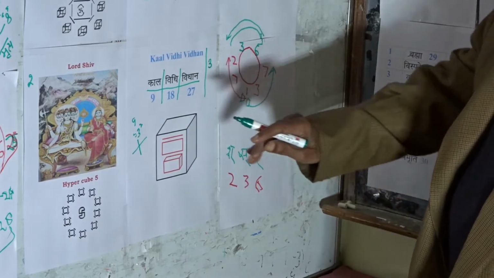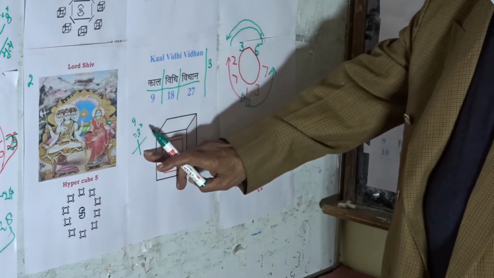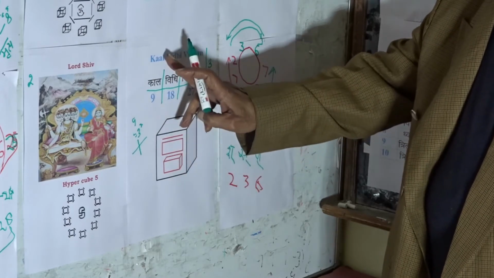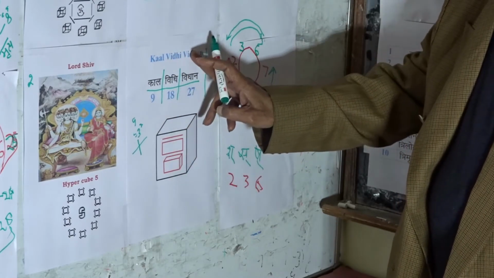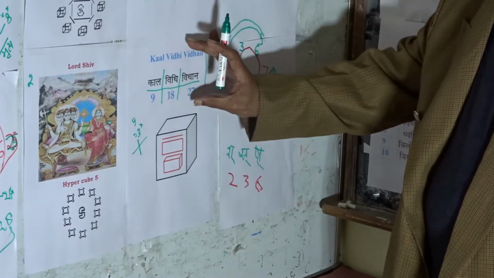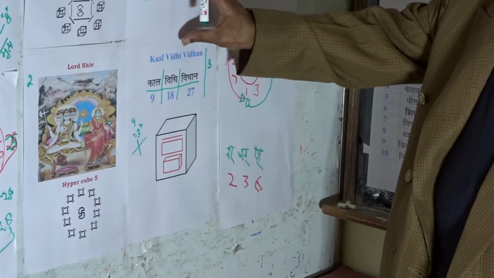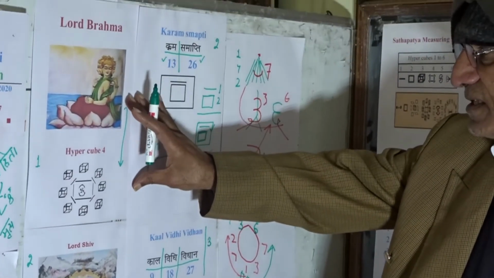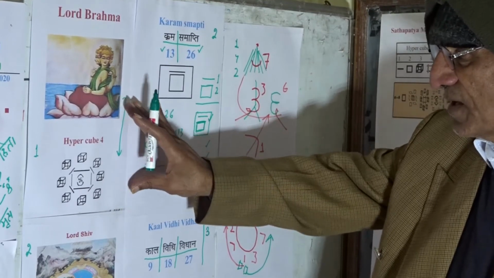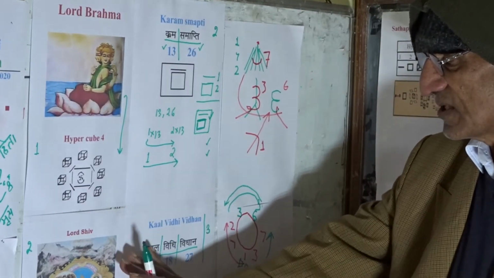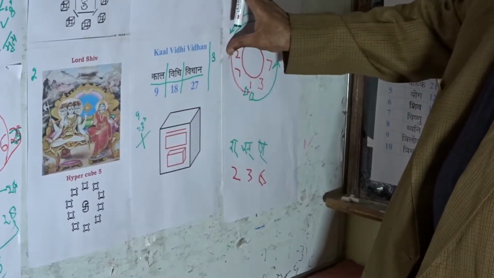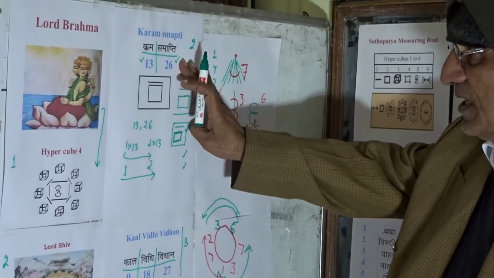The pair of dimensions, with each dimension being solid, is the feature with which this formulation Kaal, Vidhi, Vidhan has a reach from 4 space, spatial order, creator space, to 5 space, a solid order, transcendental domain, in terms of a Kram Samapti.